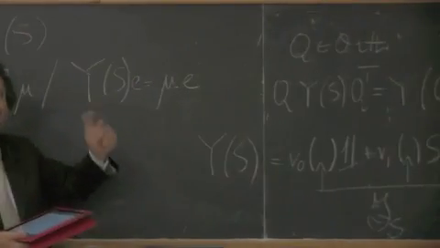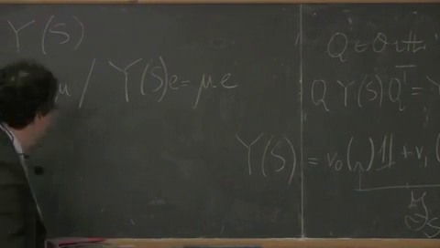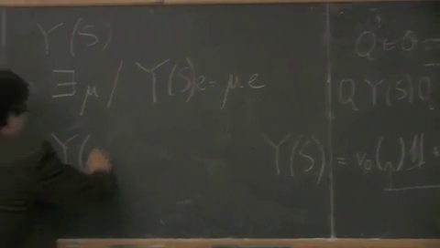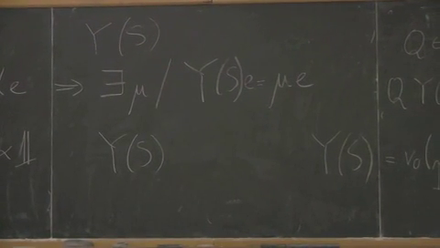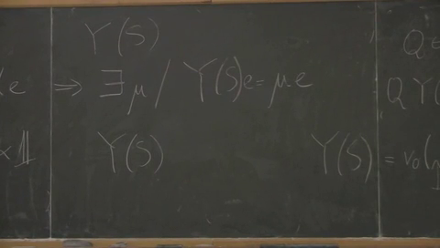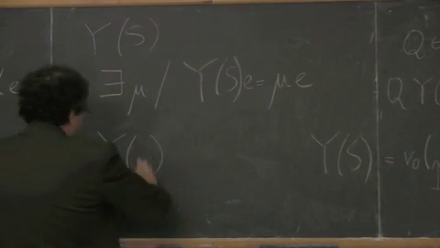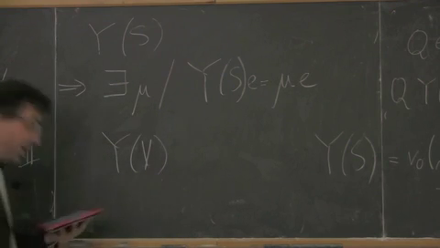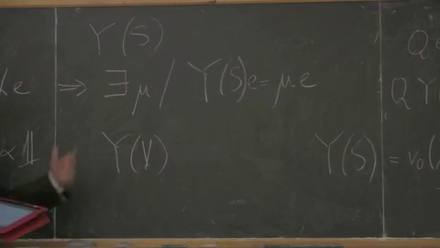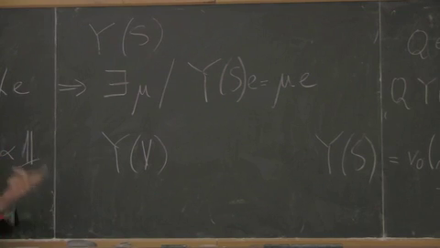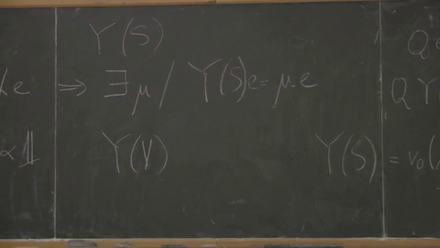But being eigenvector is inherited by Y of S. So Y of S, so this is S rather than V? I don't know why I'm confusing all the time. Y of V is a symmetric tensor for which every vector is an eigenvector. Okay?